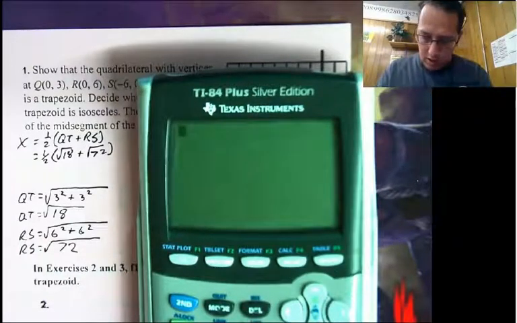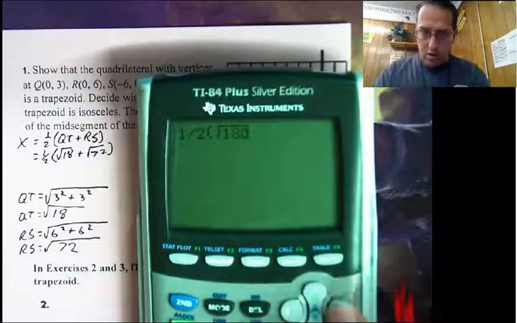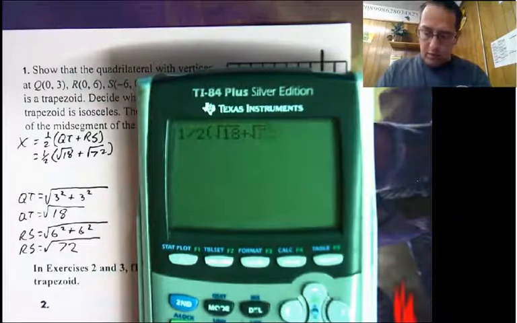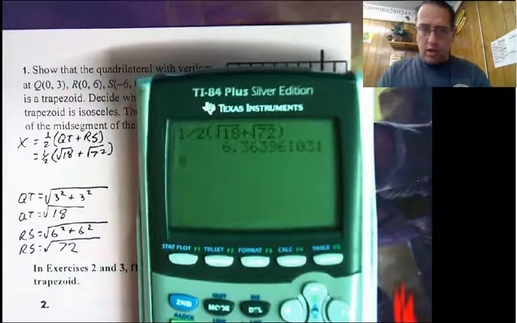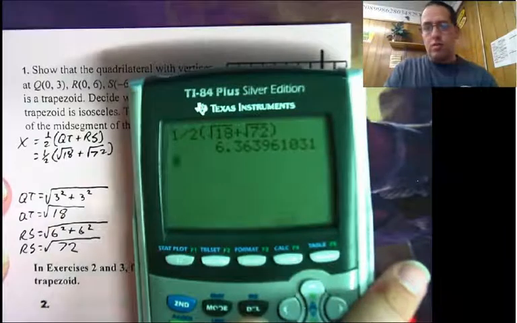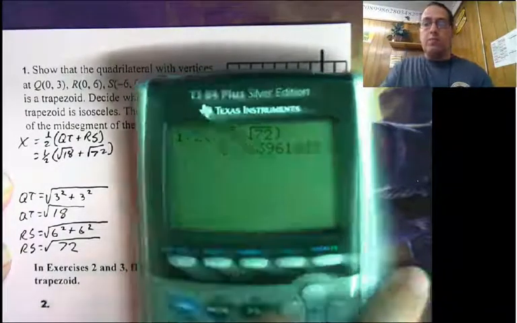Okay, so we have 1/2 times the square root of 18 plus the square root of 72, close parentheses, and I end up with approximately 6.36396. So we'll just round to 2 decimal places and call this approximately 6.36.